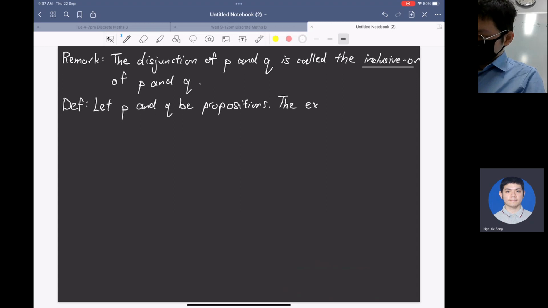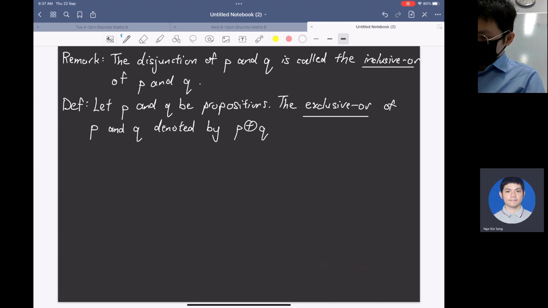The exclusive or of P and Q is denoted by P ⊕ Q, and we also call it P XOR Q. So this is a proposition, so you can ask about its truth value.